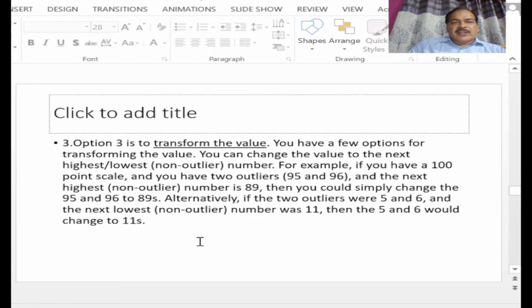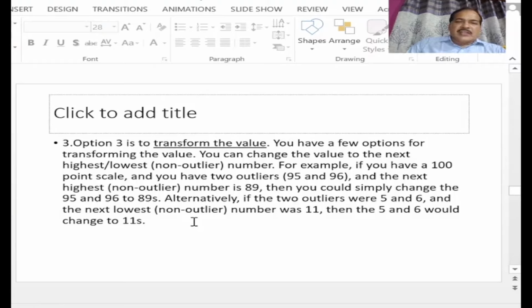The third option is to transform the value. In a statistical package, we have the option of transforming the value. But here, in the case of outliers, how we transform the value is very simple.